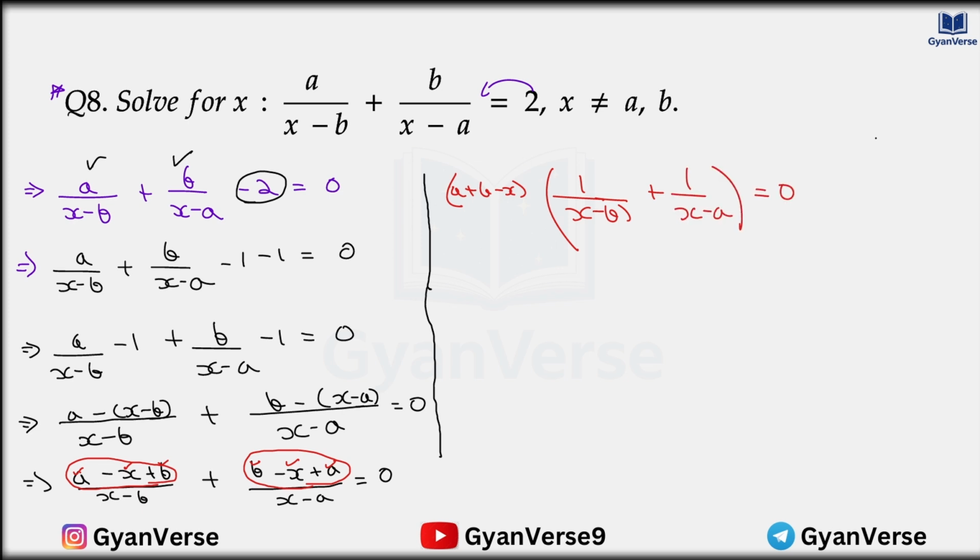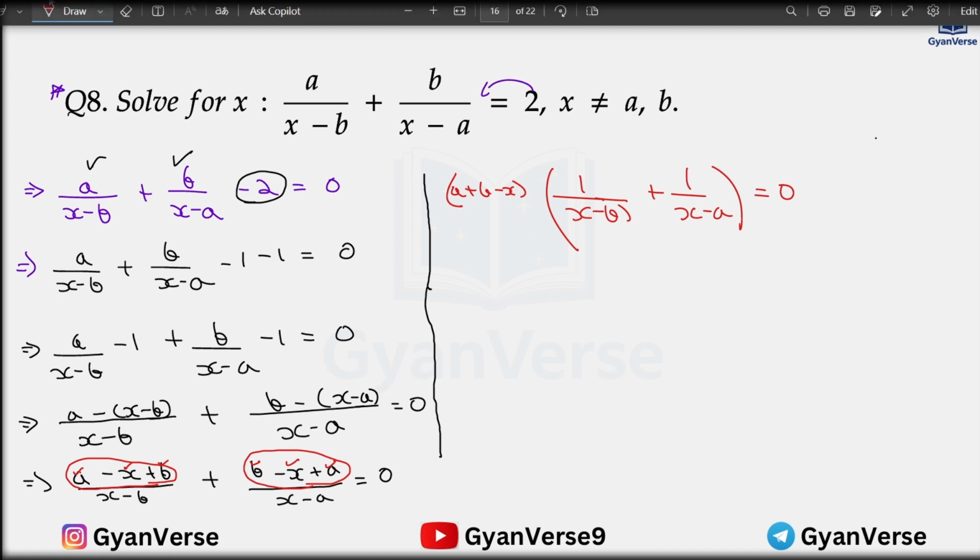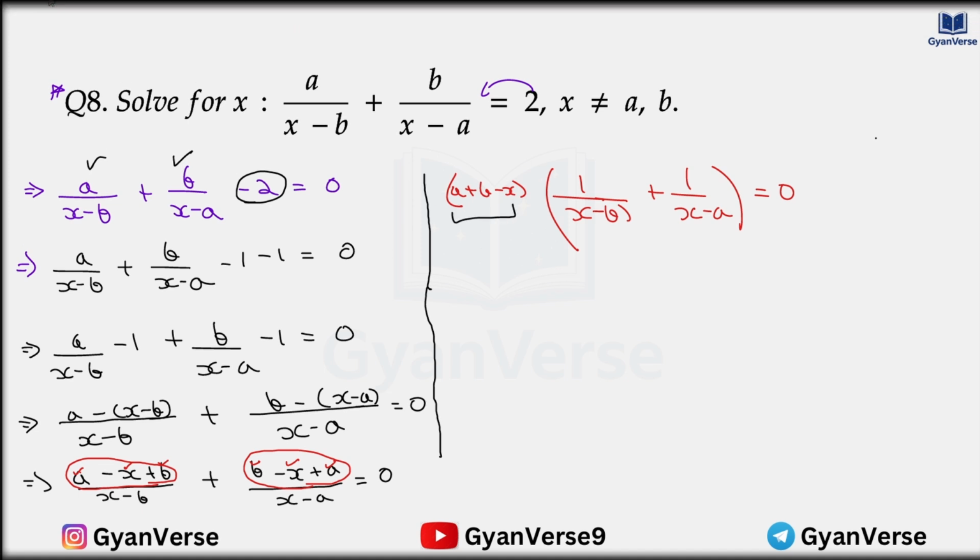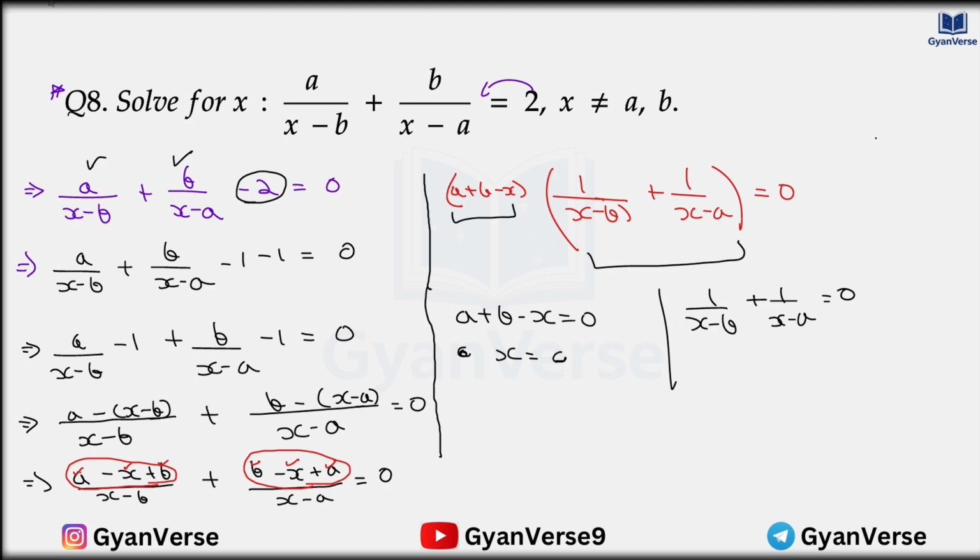See now, this is the first factor and this one is the second factor, and their product is equal to 0. So that means a plus b minus x is equal to 0, and 1 upon x minus b plus 1 upon x minus a is also equal to 0. I have to find the value of x. I will move x to the other side, so it will become x equals a plus b. So the value of x is a plus b.